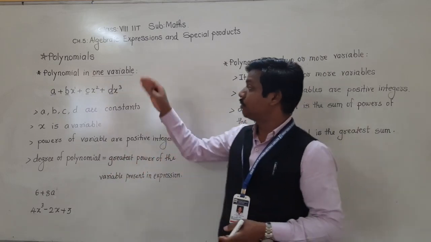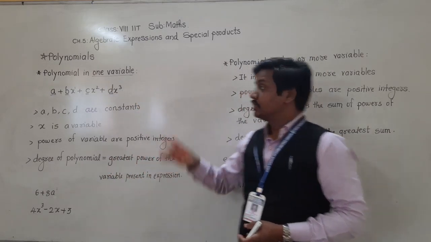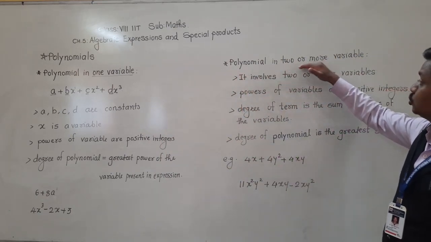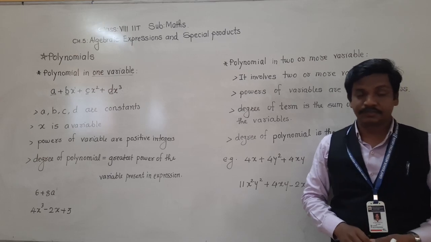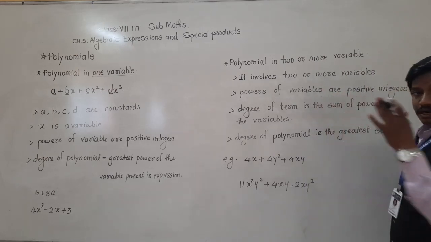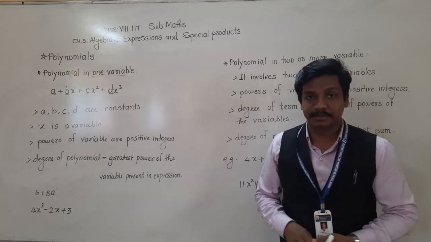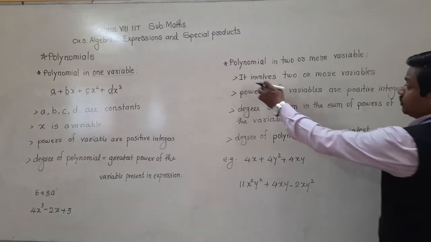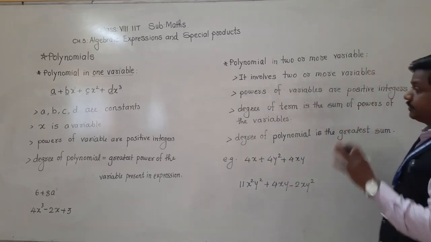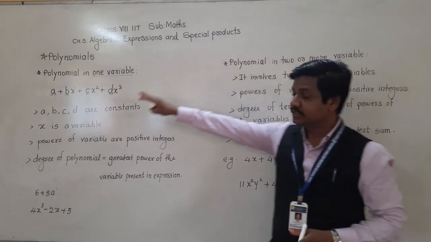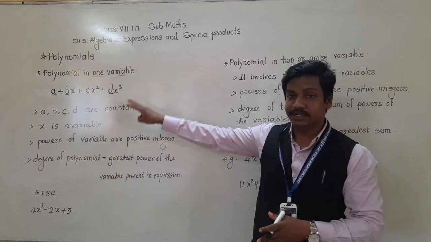So this was about polynomial in one variable. The next type is polynomials in two or more variables. Basically there will be two or more variables present in that algebraic expression. The powers of the variables are positive integers, same as in a polynomial in one variable.